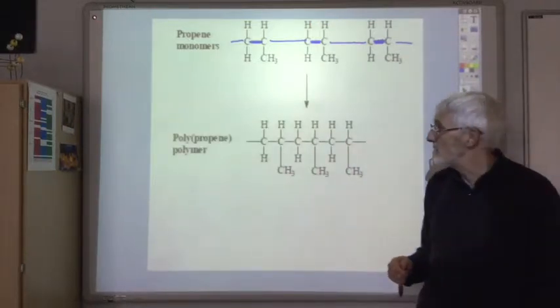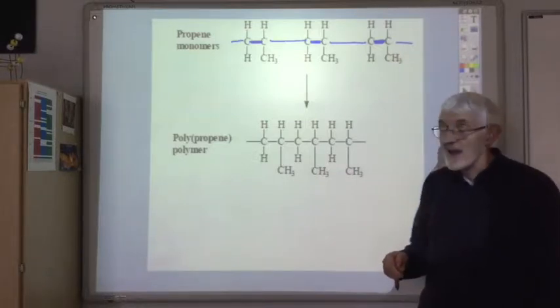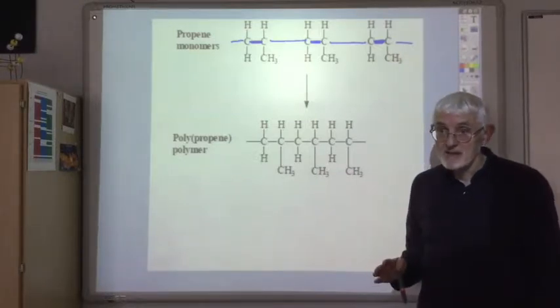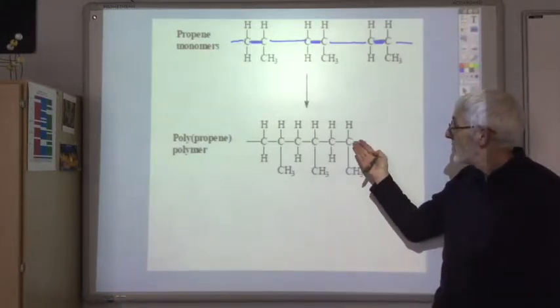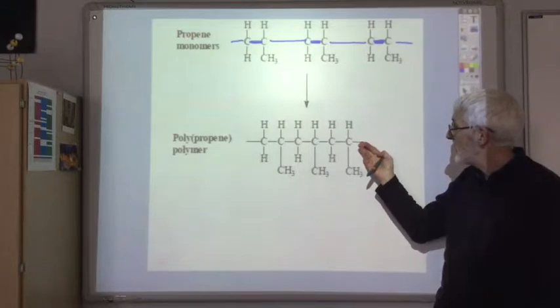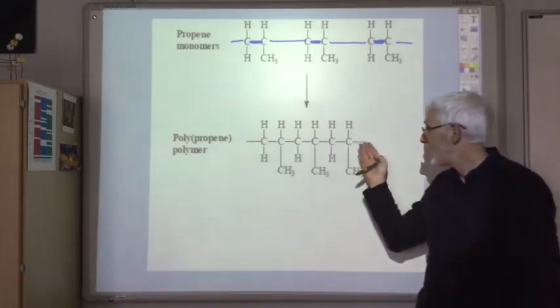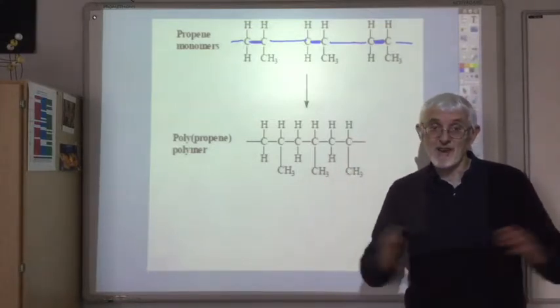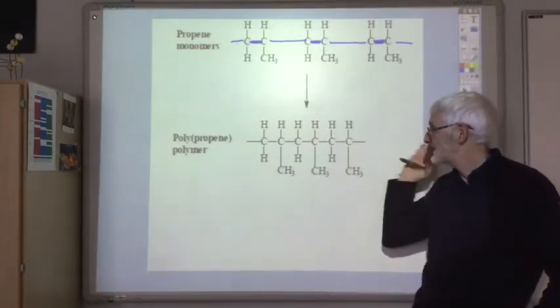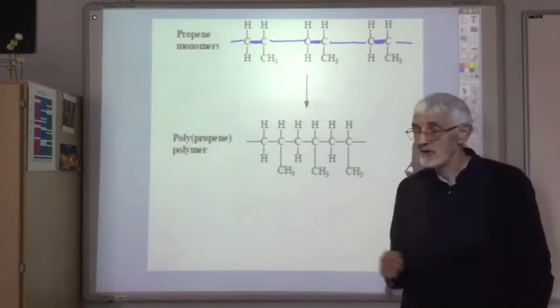This is polypropene. Note that as everywhere in chemistry, carbon always has 4 bonds. So it's essential that in the polymer you have what we call a free bond at the end. It just signifies that this is a small section of a very large molecule and it extends in both directions. So make sure you remember those free bonds.